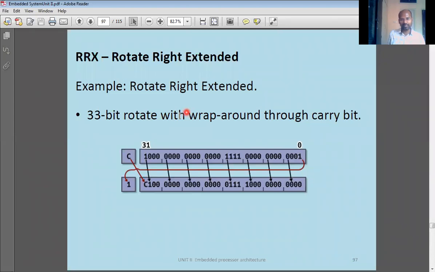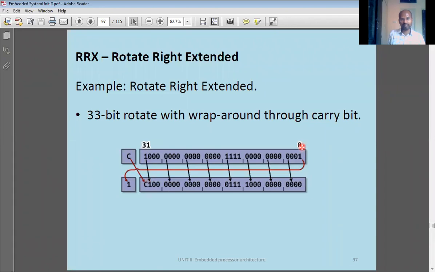The first LSB bit goes to the carry, meaning the carry bit in the CPSR will be affected by the LSB bit of the input of the barrel shifter. And the carry bit of the CPSR register will transfer to the 31st bit place. You may notice the numbering 0 to 31.